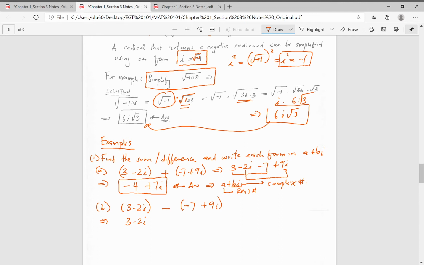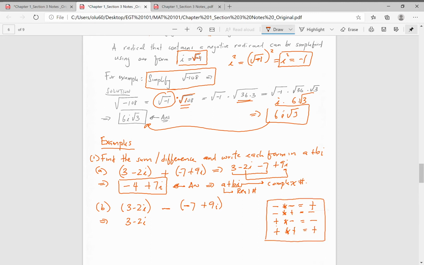Remember, negative times a negative equals positive. Negative times a positive equals a negative. Positive times a negative equals negative. Negative times negative is a positive. And then negative times a positive is negative. A positive times a negative is a negative, and of course a positive times a positive equals a positive. Okay, so kindly remember this.